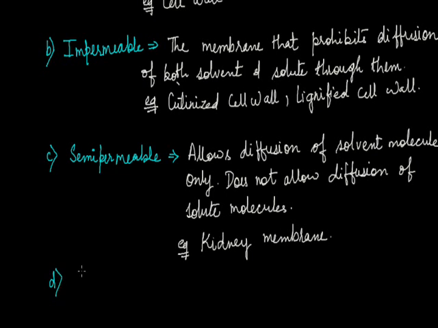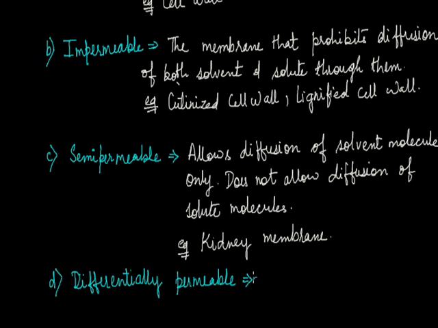The last type is the differentially permeable. A differentially permeable membrane is that membrane which allows the diffusion of solvent molecules, but besides that it also allows the diffusion of some selected solute molecules.